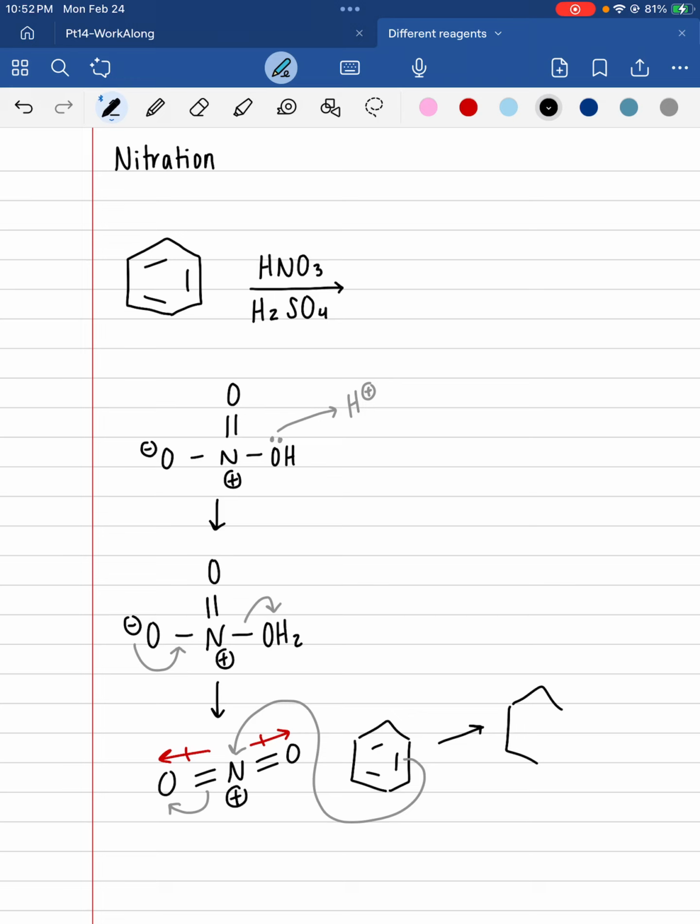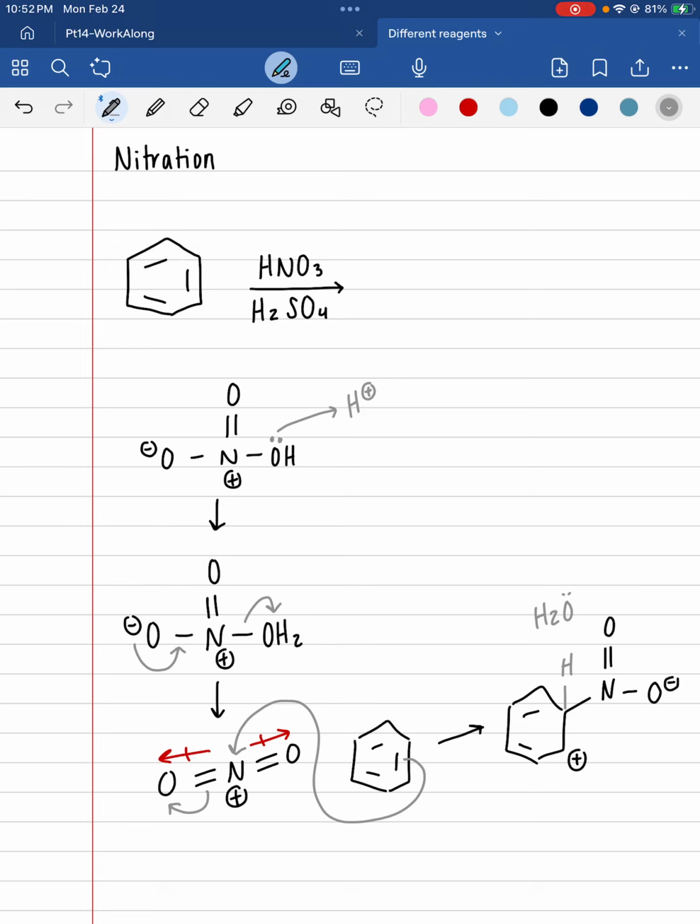Our aromatic ring again, except now we have a sigma complex, the O negative, and then we're going to use a base, so water, and that is going to deprotonate the aromatic ring.